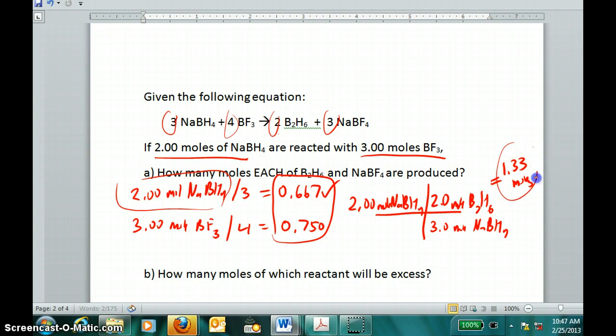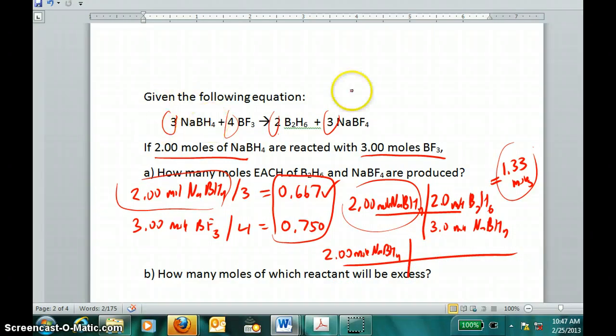And when we get 1.33 moles, all of our limiting reagent will be used up, and we can't make any more, because after all, that's the source of our boron, but it's also where all our hydrogen is coming from to make this compound. So we stop making it. How about the other product? Well, we start with the same limiting reagent, and we use a slightly different coefficient ratio, because for each 3 moles, we should get 3 moles of the other product.